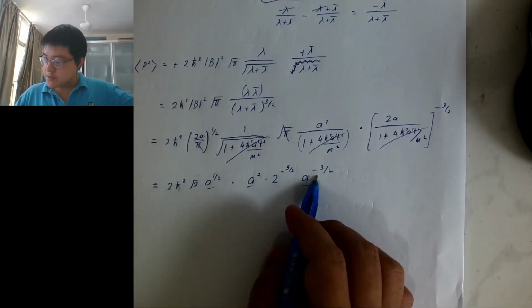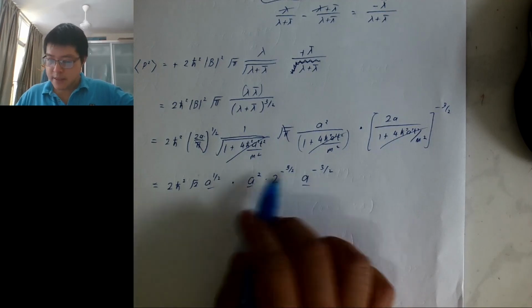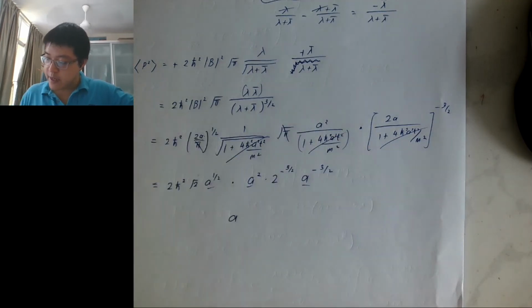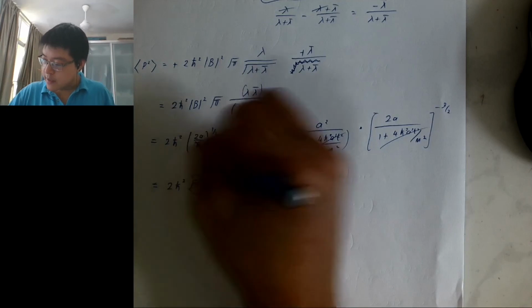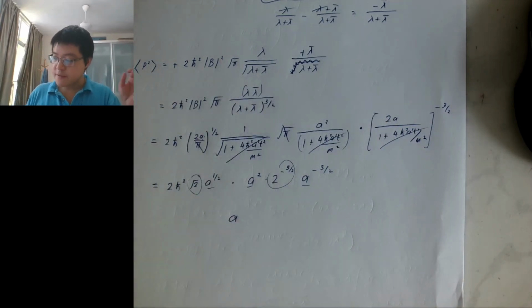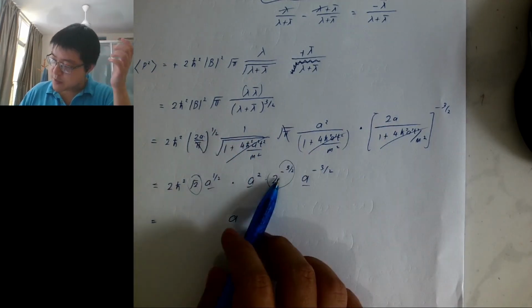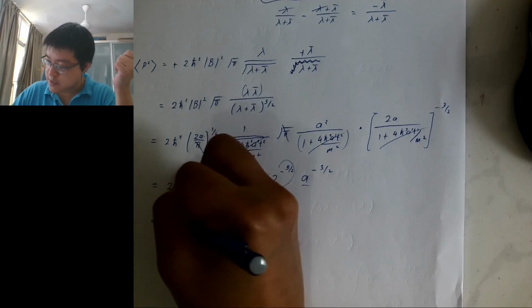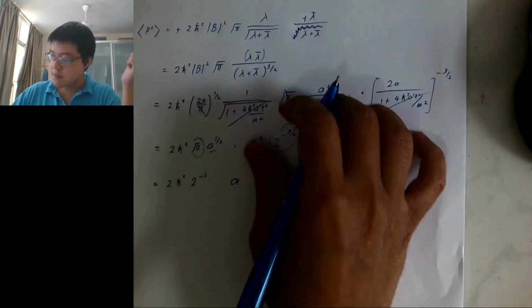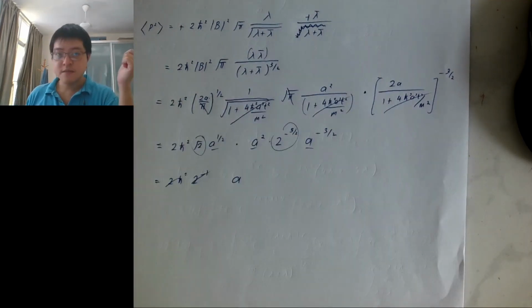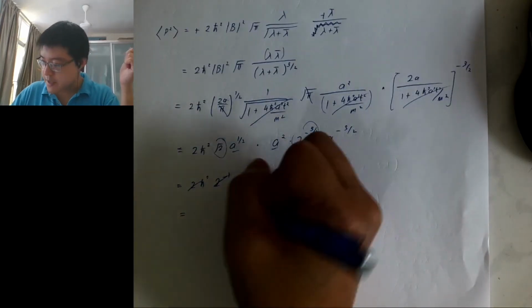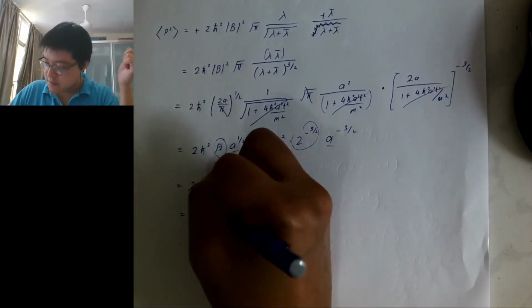So this becomes minus 2 over 2 minus 1, and then this just left behind with a, right? And then this is half, so it's minus half, so it's minus 2 over 2, which is minus 1 again, so it's 2h bar square 2 to the minus 1. So this cancels. So finally, at the end of the day, we found this, right?